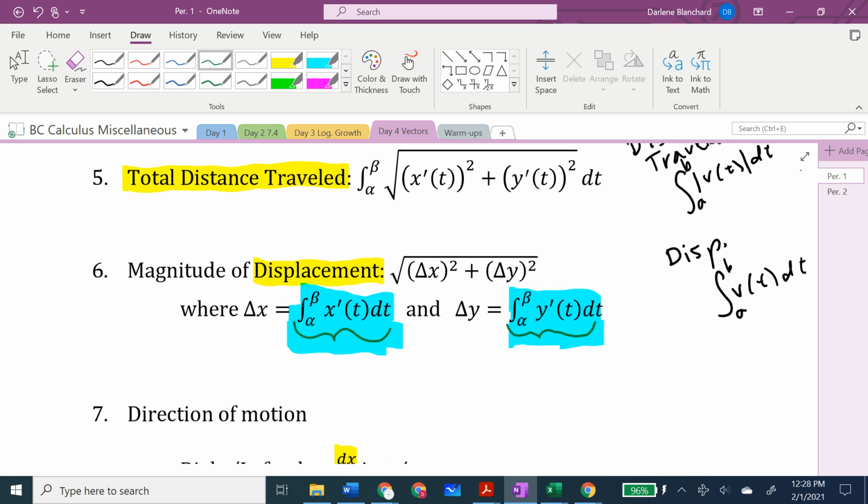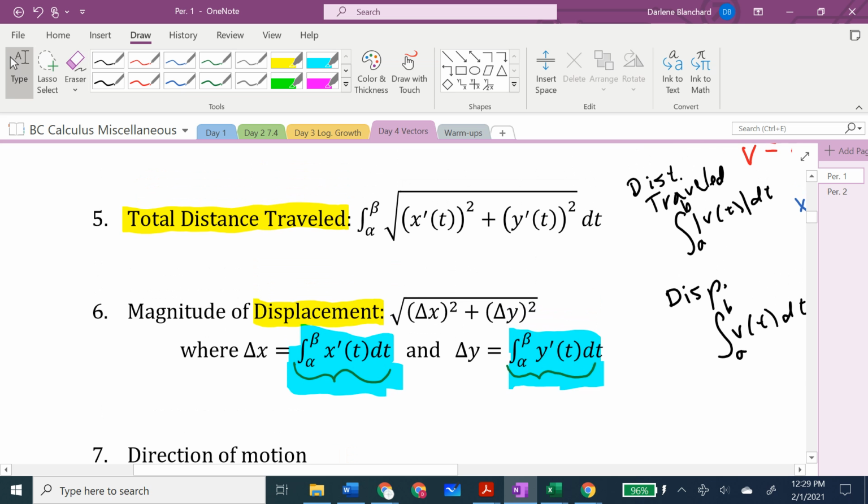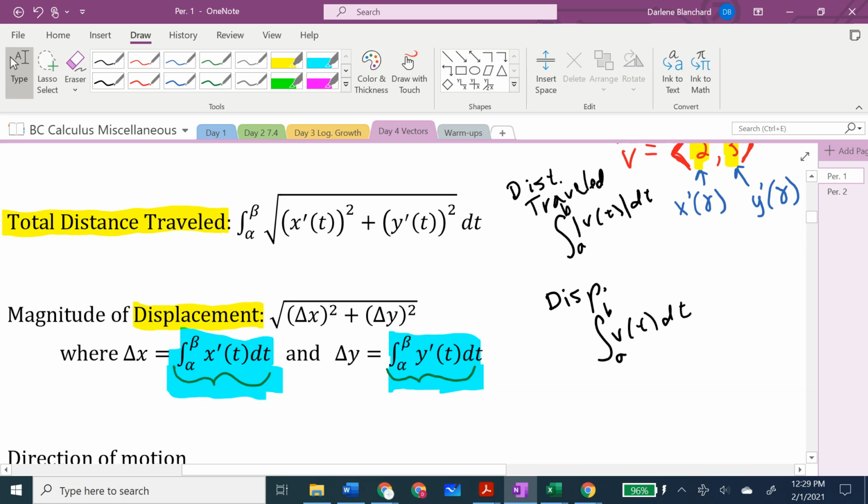So I wrote this down as more of a process because it is not easy to write that all shoved into one formula. When it comes to the particle motion we're used to with the one dimension, we have our formula for total distance traveled versus displacement.